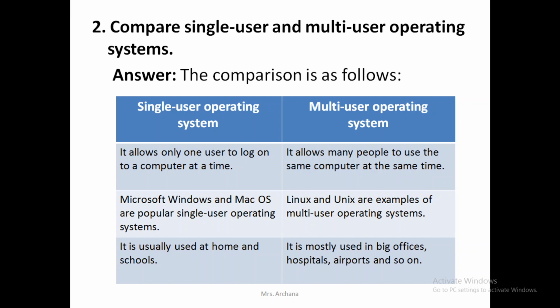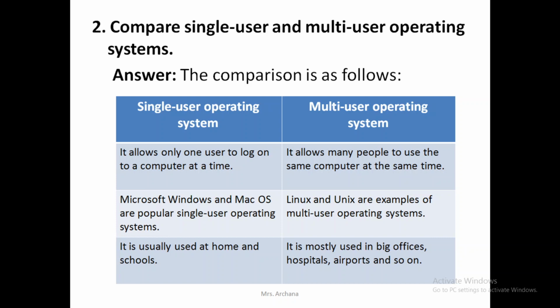Compare single user and multi-user operating system. The comparison is as follows. Single user operating system, multi-user operating system. Single user, it allows only one user to log on to a computer at a time. Multi-user, it allows many people to use the same computer at the same time.